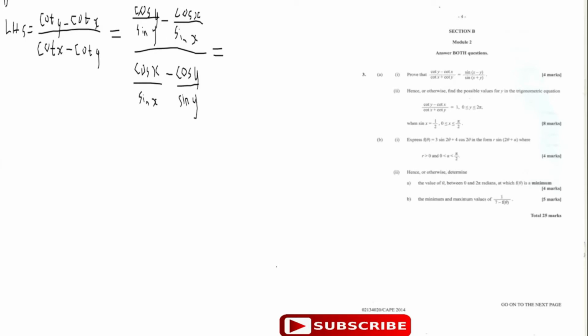To simplify this numerator, we multiply up sine x and sine y, to write all of this as sine x cos y minus cos x sine y, and all of this is being divided by sine y sine x.